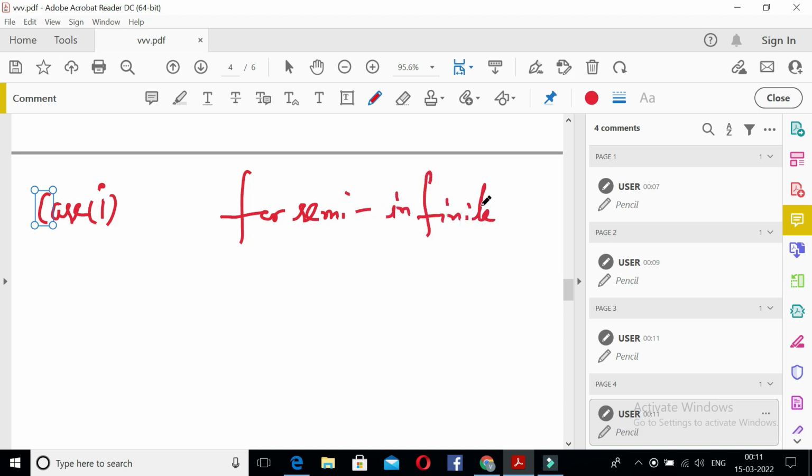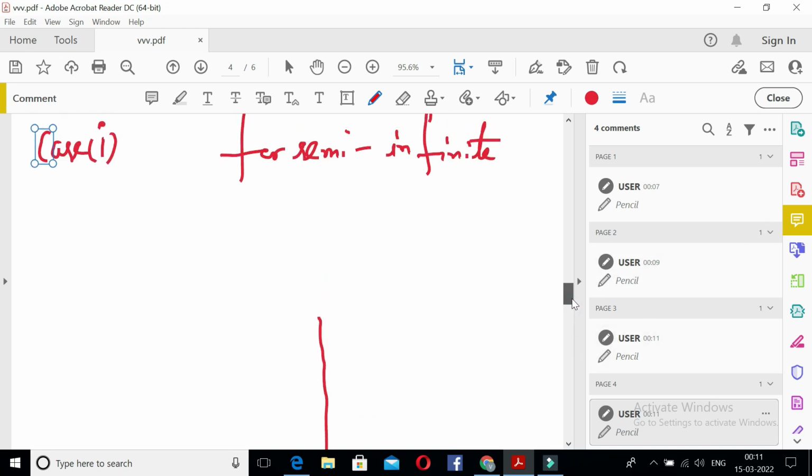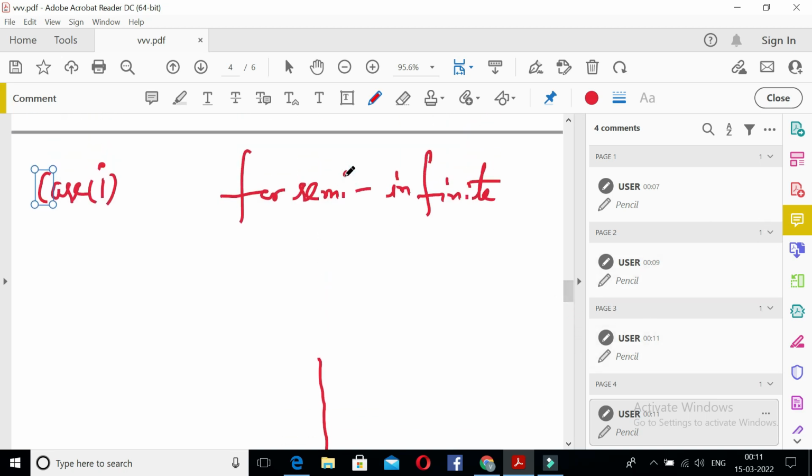Semi-infinite. It is very easy. Let's draw the figure. Semi-infinite means one point at infinity and one point at origin.